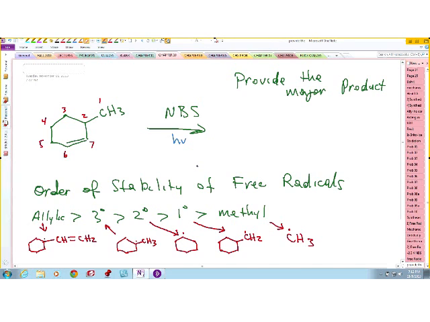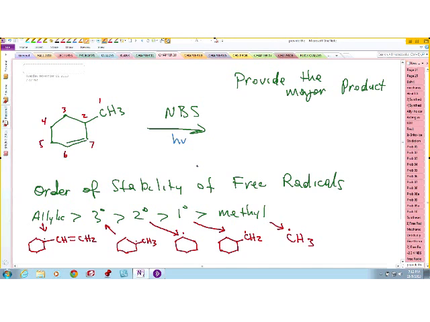What does NBS do? It replaces hydrogen attached to an allylic carbon, right? How many allylic carbons do you have here? We have 2 and 5. So where would the major product be?